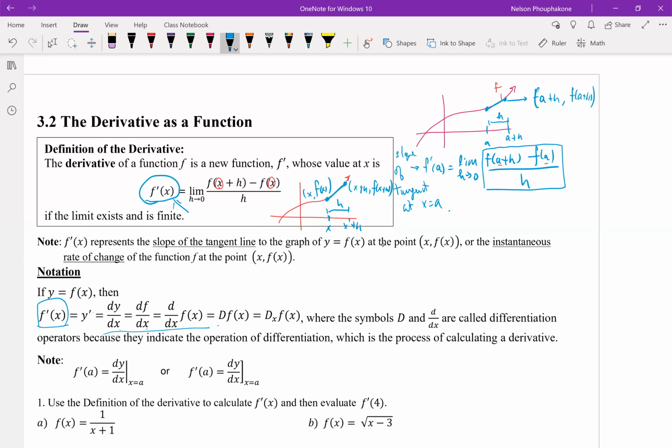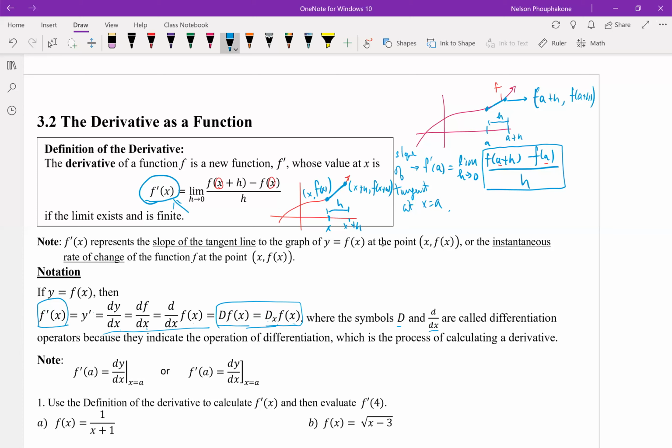Then we have d f of x, d sub x, f of x, which is sometimes used in physics textbooks. The symbols d and d dx are called differentiation operators, because they indicate the operation of differentiation, which is the process of calculating a derivative.